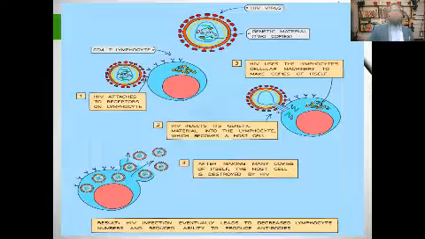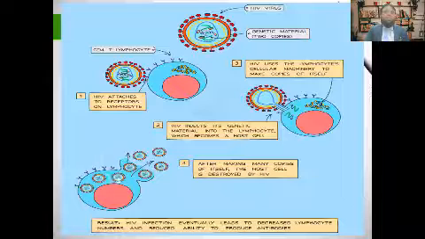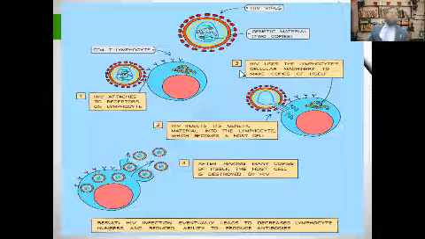When so many capsids are made, they are combined and a full virus is made. After some time, the lymphocyte bursts, and you can see in the last step that so many viruses come out from one lymphocyte. These viruses again invade other lymphocytes. In this way, so many lymphocytes are destroyed.